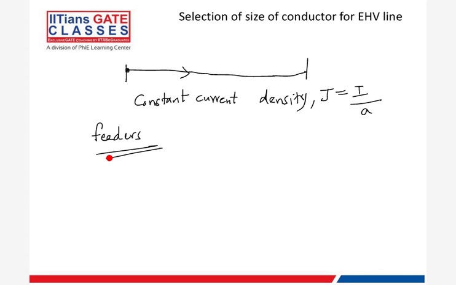So EHV lines are considered as feeders. And if the current varies, as we saw in the distribution system, then they are called distributors, right?